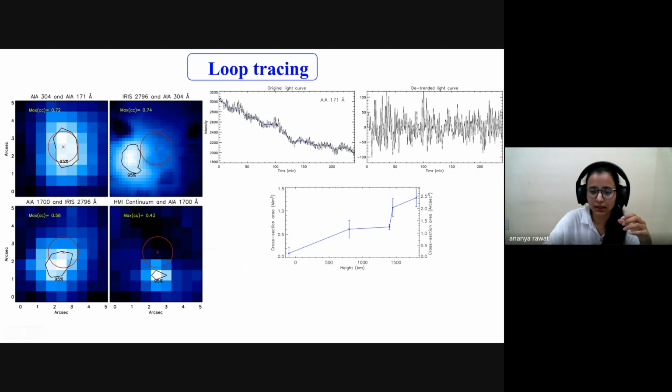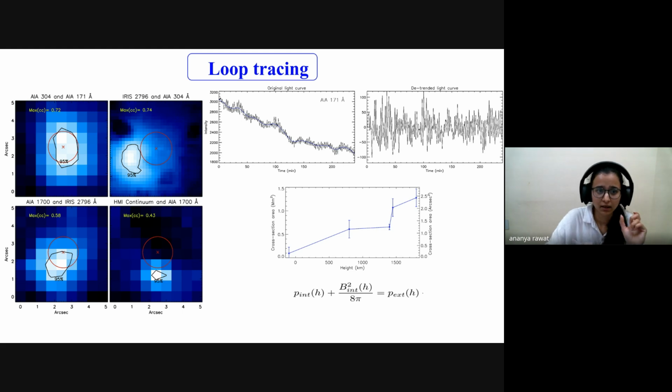So why does this happen? This happens to balance the horizontal pressure. This loop expansion is in accordance with the flux tube expansion theory.